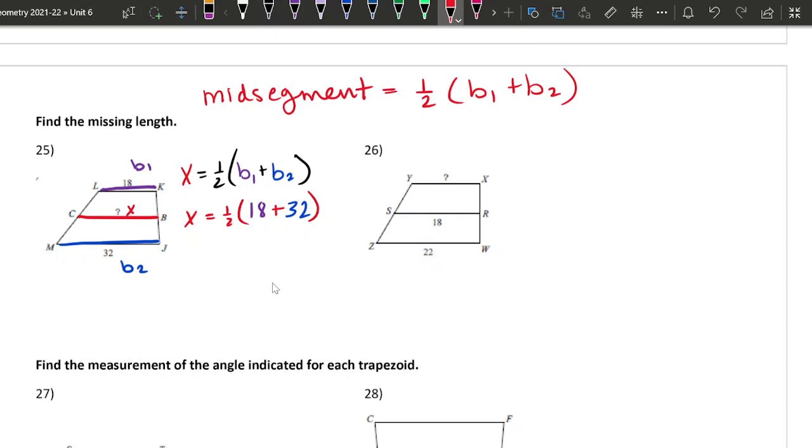And I can type it in the calculator just like that: 1/2 parentheses 18 plus 32 parentheses, and it would give me that X is 25.